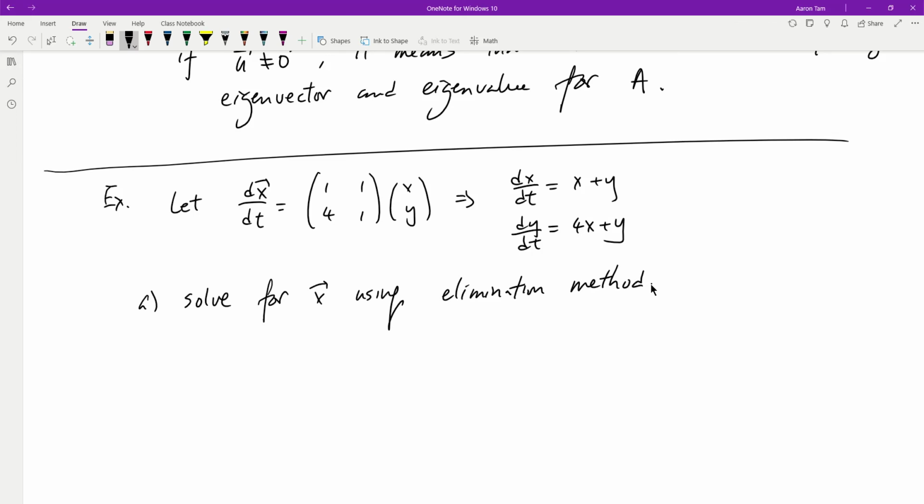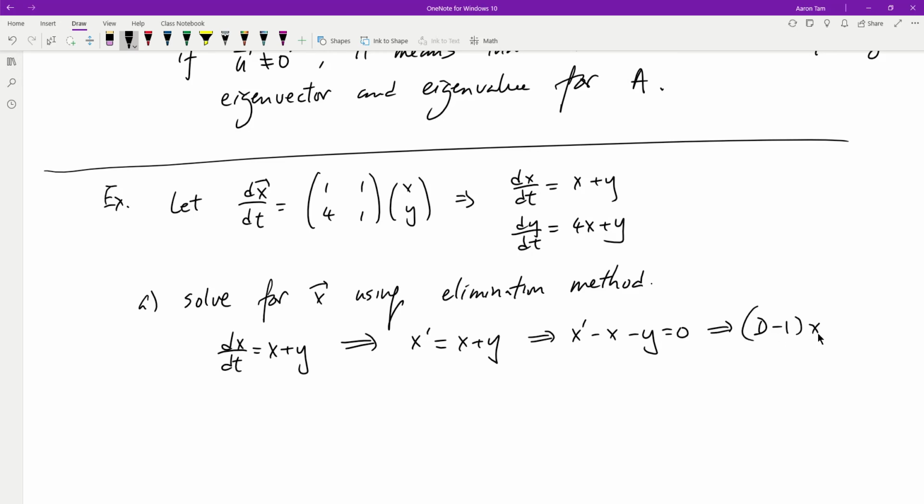So let's go ahead and do this. It shouldn't be too hard. I'm going to use the system form of the differential equation. So x prime equals x plus y, therefore x prime minus x minus y equals 0, and therefore d minus 1 of x minus y equals 0.